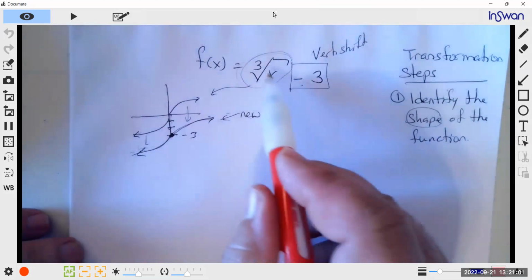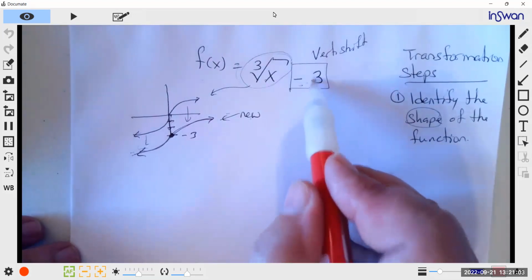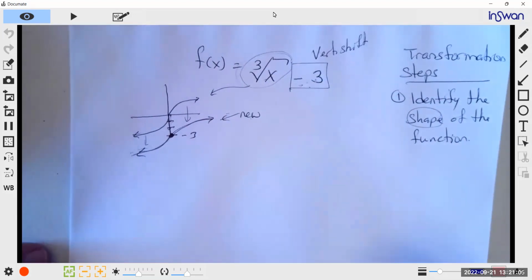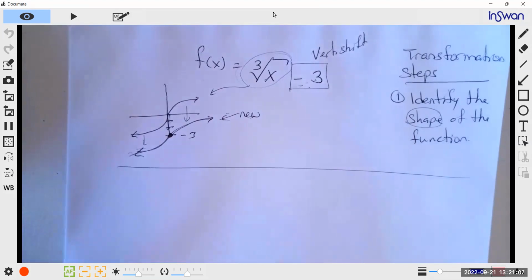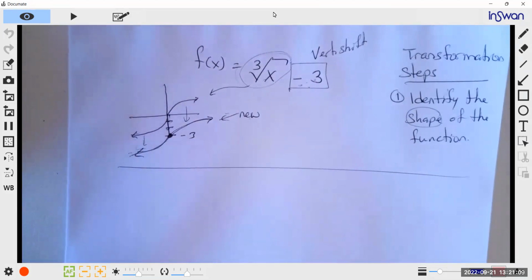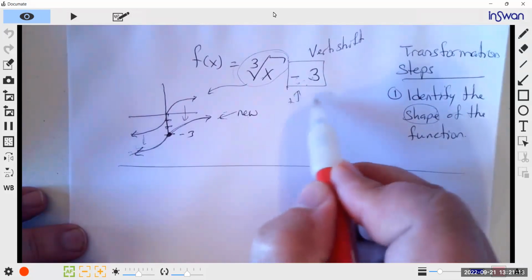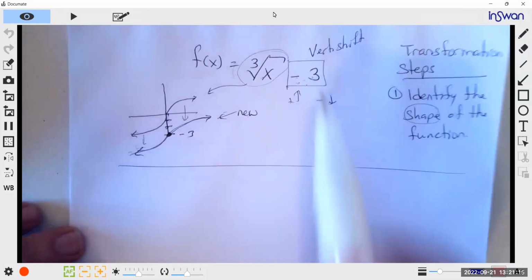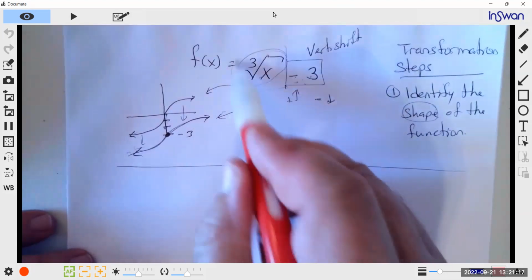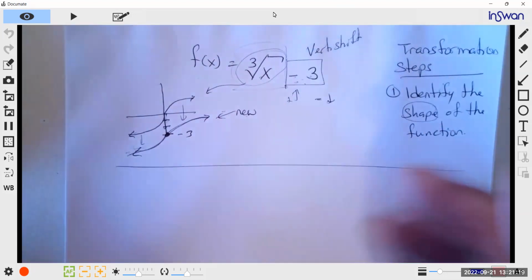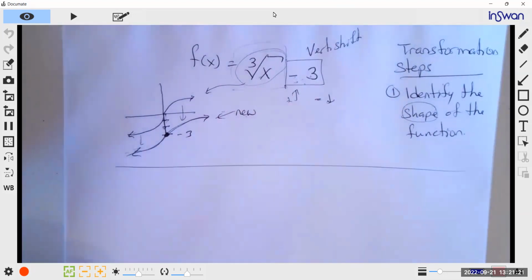All it does is take this graph and go down 3 spaces. That's all it tells us. So that's your vertical shift. If this is positive, you go up. If it's negative, you go down that many spaces. So draw your graph first, and then whatever it is, then you augment it either up or down.